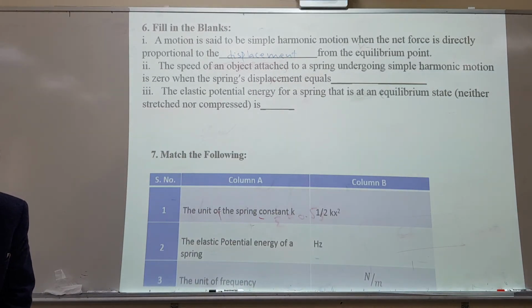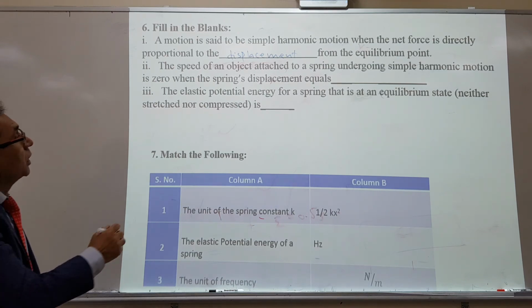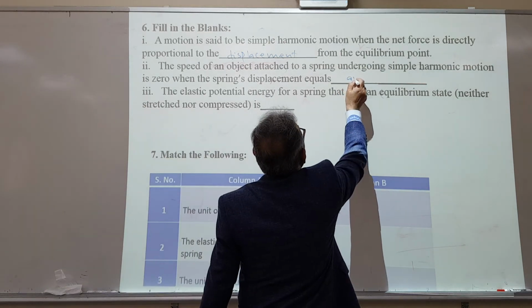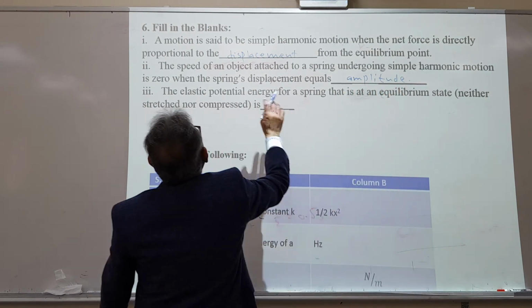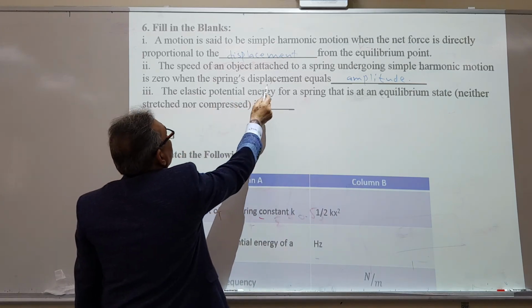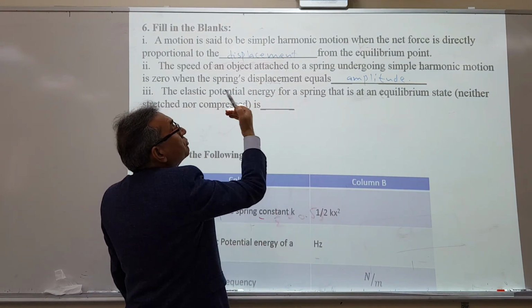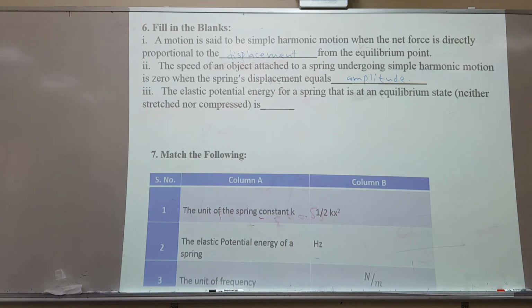The speed of an object attached to a spring undergoing simple harmonic motion is 0 when the spring's displacement equals the amplitude. By the way, this is not displacement, this is the magnitude of the displacement.